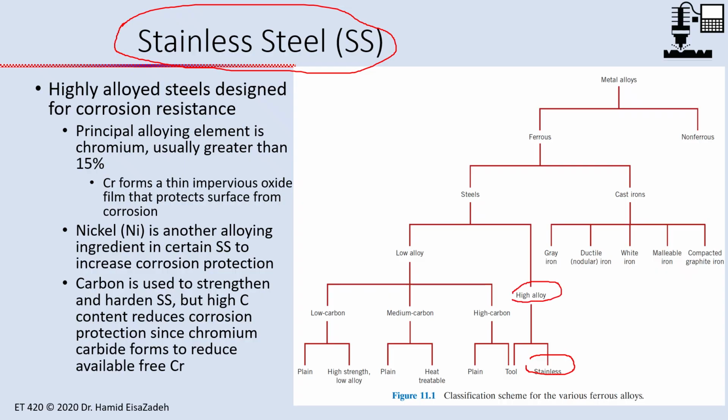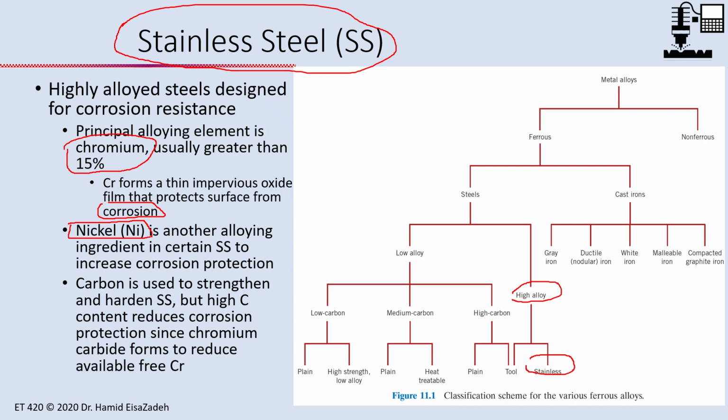In this steel, we use chromium up to 15% or more, which increases the protection of the material against corrosion. Also, nickel can be used to increase the protection, depending on how much chromium and nickel we use.